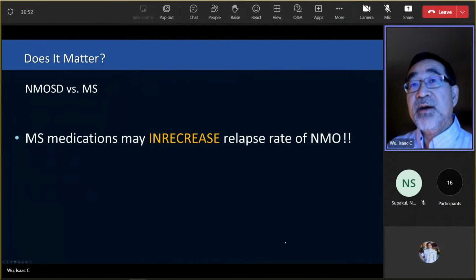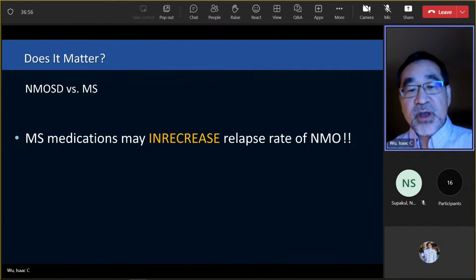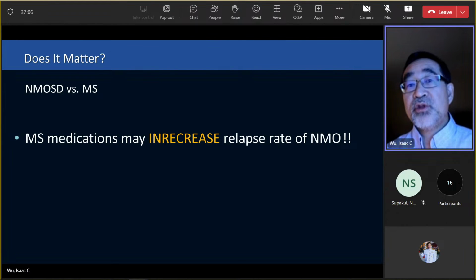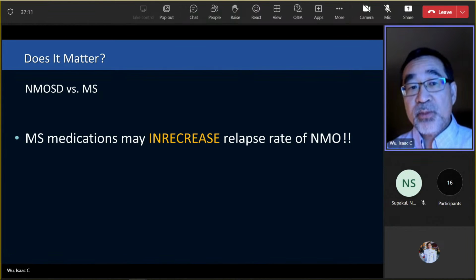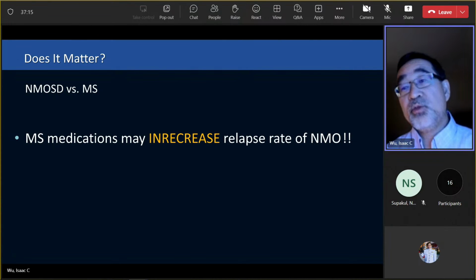So again, does it matter? Because sometimes as radiologists, we are not as attuned to the clinical aspect. So we make the diagnosis that there is some lesion, for example sometimes a tumor. You wonder, is it important to make that exact diagnosis? I would argue that the more important thing is to go down the right pathway. So whether it's a low-grade tumor versus a high-grade tumor, that's a good place to start.